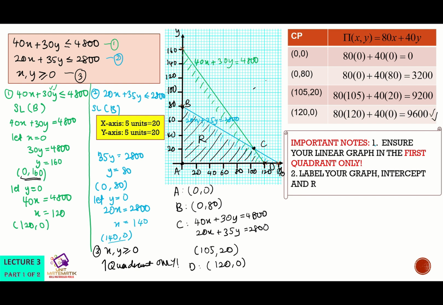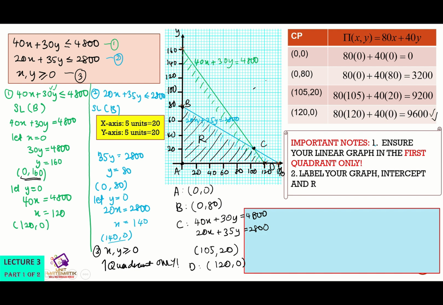So please remember the important note. If not, you will lose mark. Okay, and then what we need to do? Okay, we need to write the conclusion.